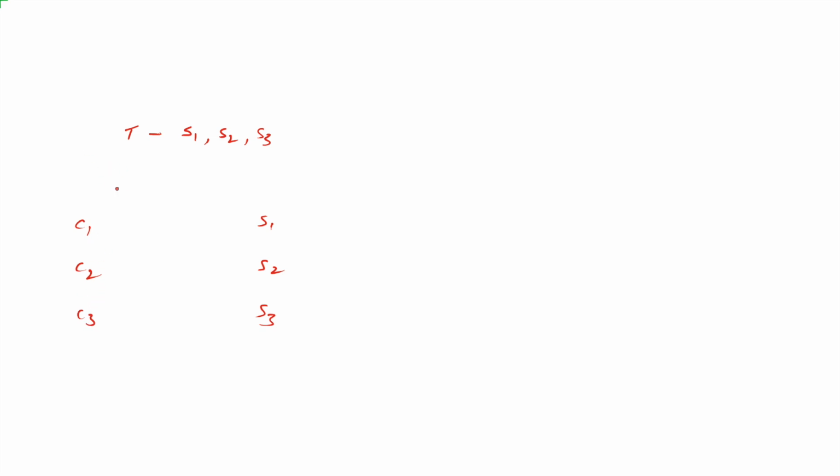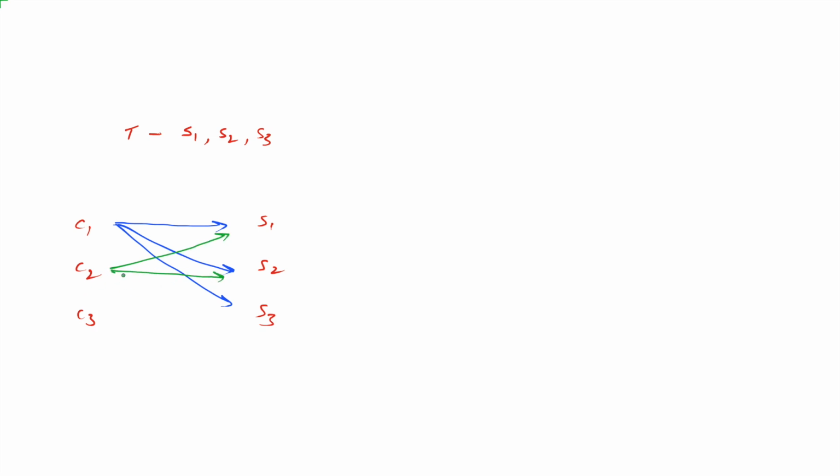Now, in order to complete the task, what does C1 need to do? If it needs to complete a task T, C1 needs to talk to all three different systems: S1, S2 and S3. The same thing happens with C2, which needs to talk to S1, S2 and S3 to complete the task.